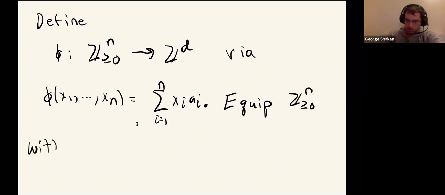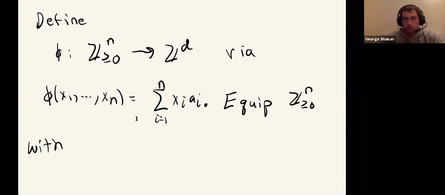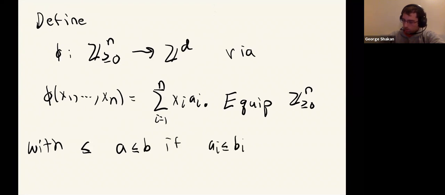It'll be useful to... so we're going to do this. So we're going to equip it with the partial order. A is less than B if A_i is less than B_i for all i.